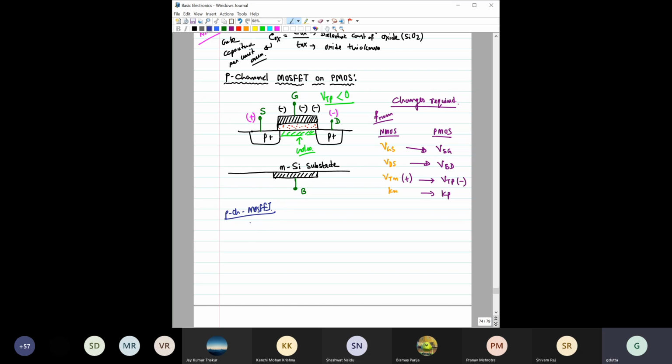Here the Kp value is given as 0.2 milliamps per volt squared. VTP, the threshold voltage, is minus 0.5 volt, and VSG is given as 2.08 volt. Then find ID. Could you please quickly calculate the value of ID and tell me?